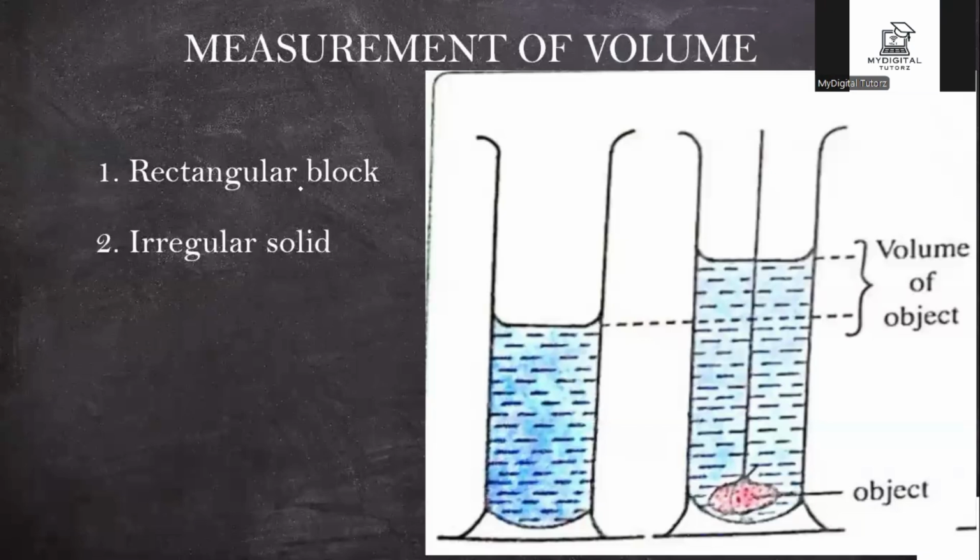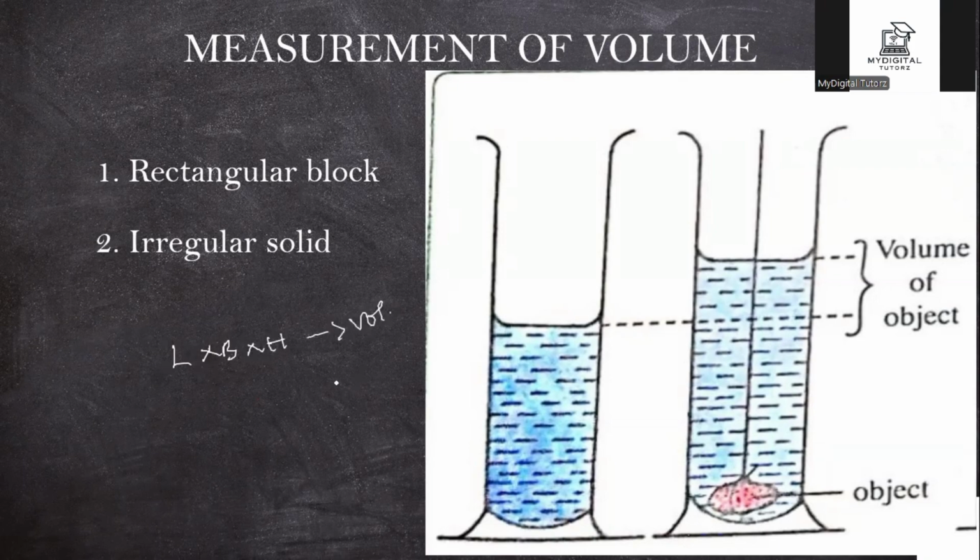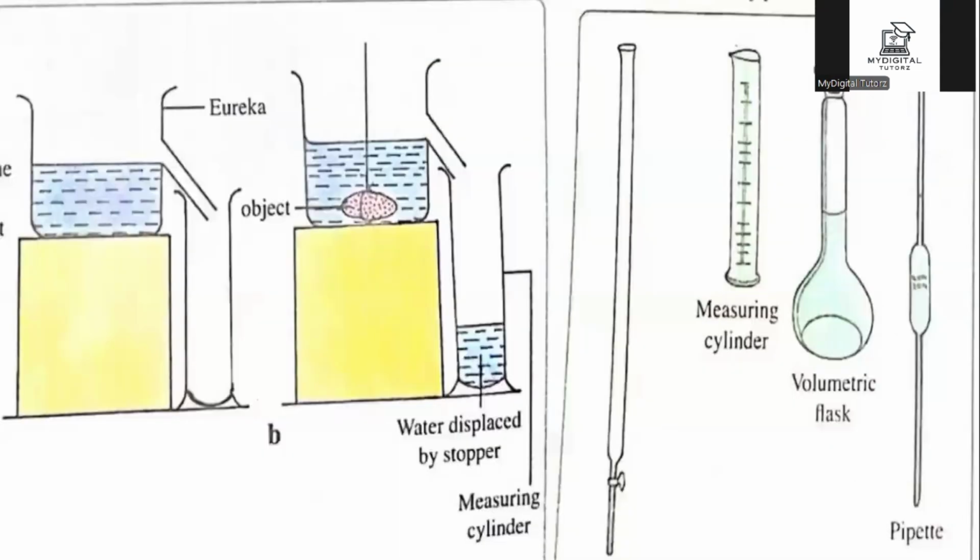So the next is measurement of volume. We can measure regular shapes, and we can measure irregular solid shapes. If it is a regular shape, all you need to do is take the length, the breadth, and the height. It will give you the volume for a regular object. But for irregular objects like a stone, we use a Eureka can and a measuring cylinder.